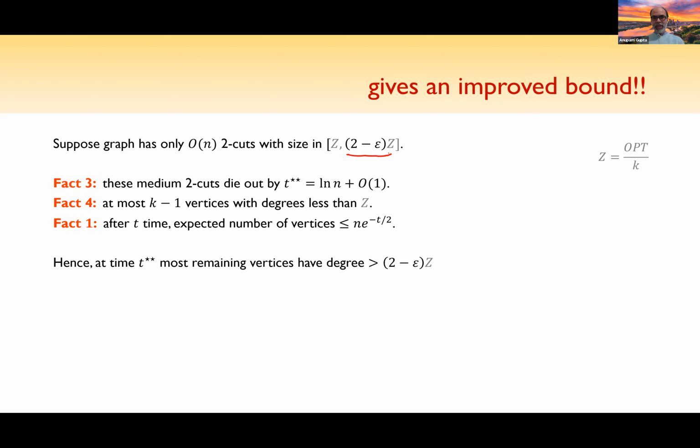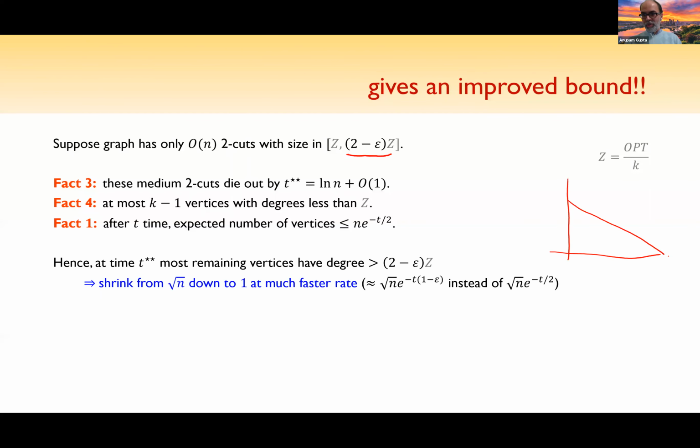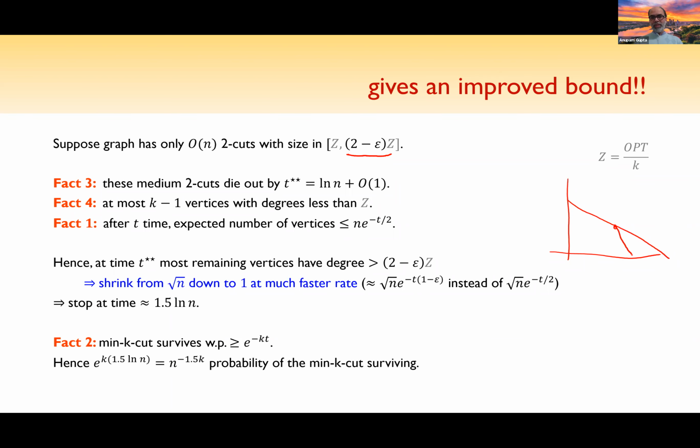This is the calculation that we did. So most vertices have large degree. There's a lot of edges. And this is exactly this behavior that we drew on the previous slide. Earlier we were drawing a picture like this, but now we'll go down at a much faster rate. Why? Because there are a lot of edges in the graph. And this stops at 1.5 log n, which means already an improvement.